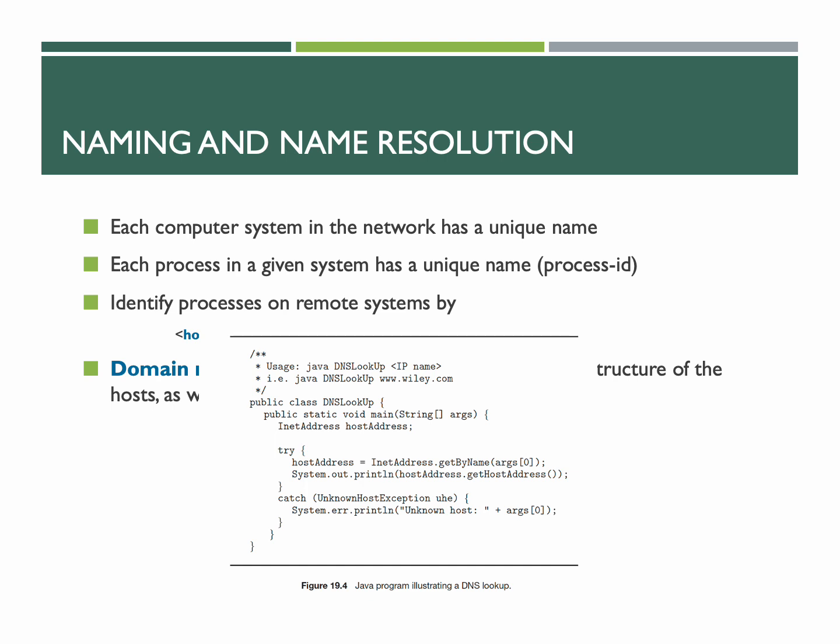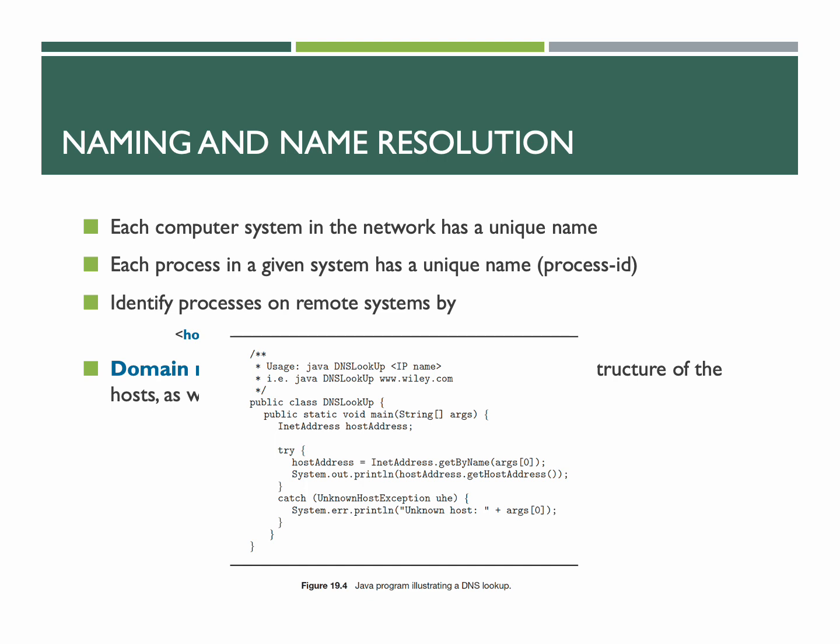So, every computer system within a network must have a unique name so it can be identified. Additionally, each process running on the system, such as a browser, email client, or server, also needs a unique identifier, often called a process ID.